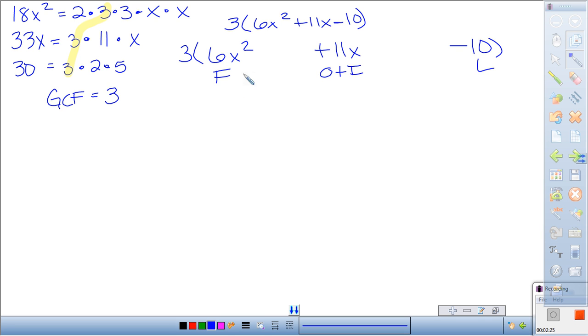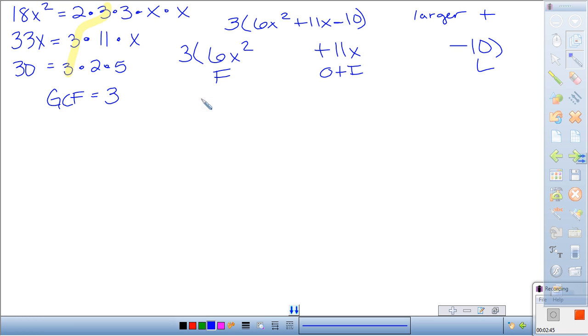I need to find the factors of 6 and the factors of negative 10. Since it's a negative 10, I know I have to have one negative, one positive. Since the middle is positive, I know I want my larger number to be positive so that I end up with a positive in the middle.